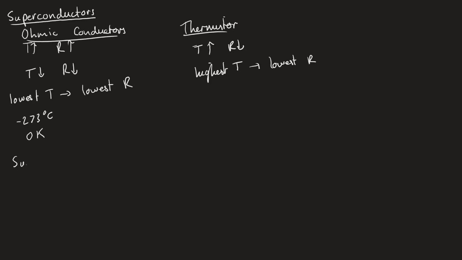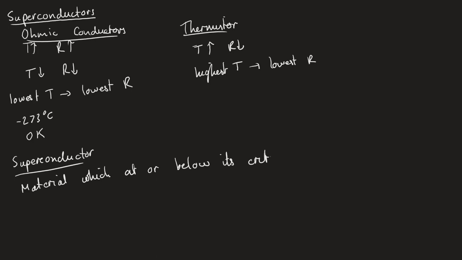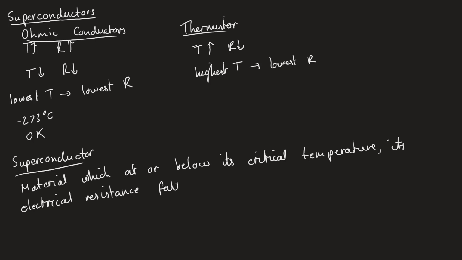So what a superconductor is, it is a material which at or below what we would call its critical temperature, its electrical resistance, and therefore also its resistivity, falls to zero.